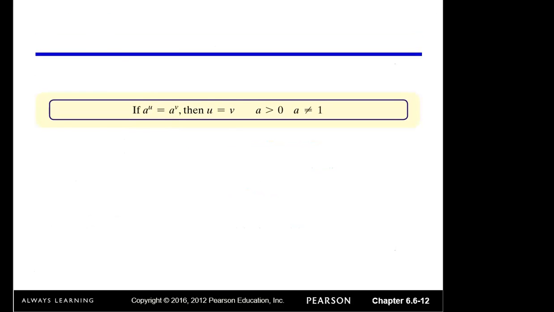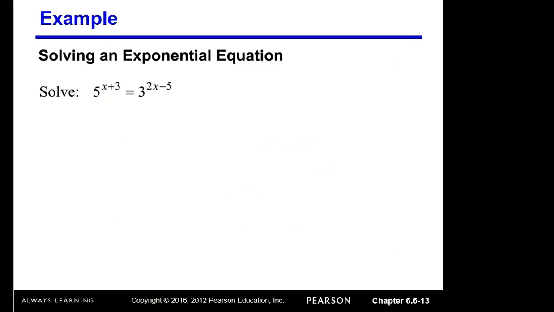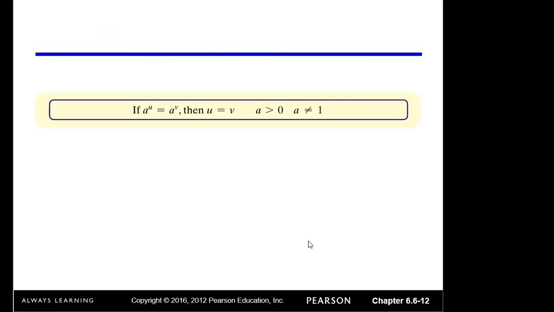But that method won't work here because this only works when your bases are the same. I have an a to the u equals a to the v, so you drop the bases that are the same.